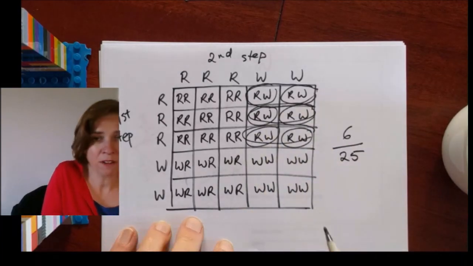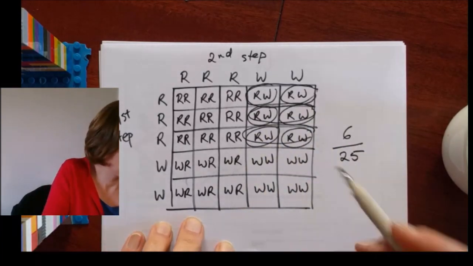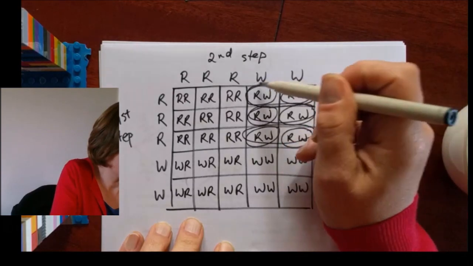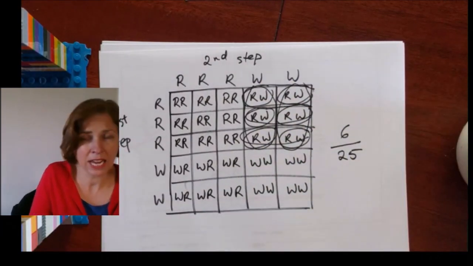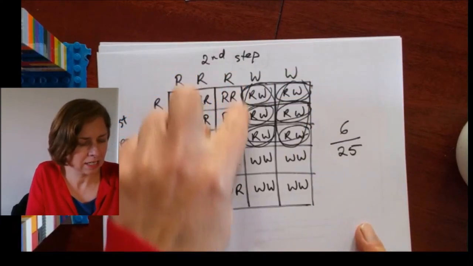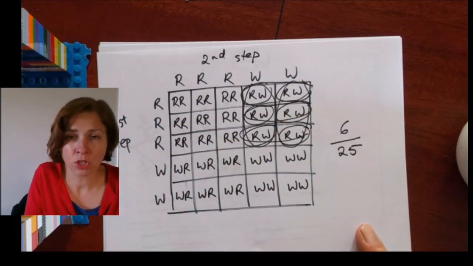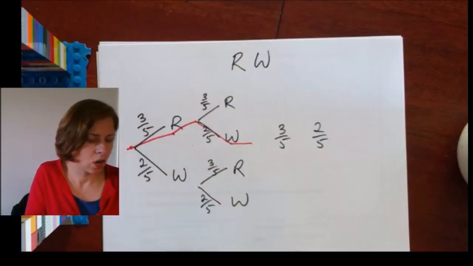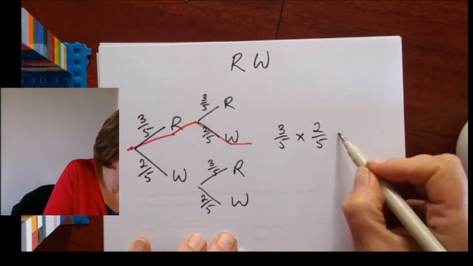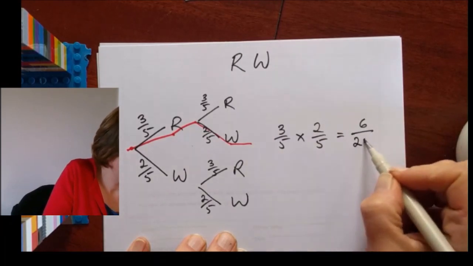That was having red first. And then 2/5 is this second step. This white was the 2/5, 1, 2. So if I want to calculate this area here as a portion of the whole, it's multiplication, 3/5 times 2/5. It's going to give me 6/25.